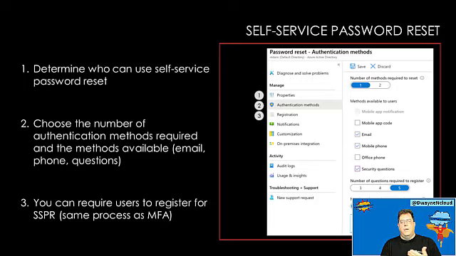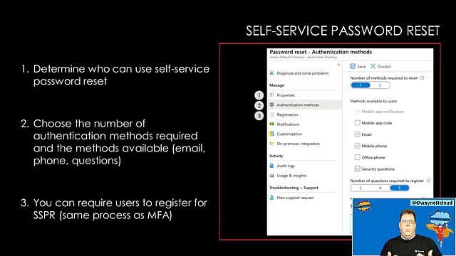It's going to then require them to identify themselves, going back to that zero trust model, continually identifying and recognizing who you are. That is how that self-service password reset takes place.